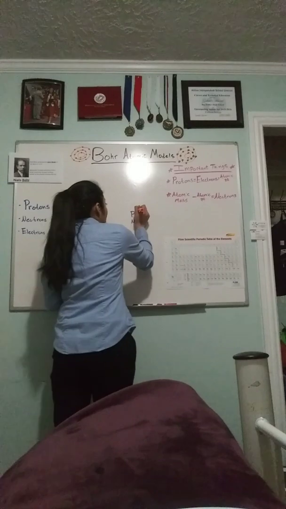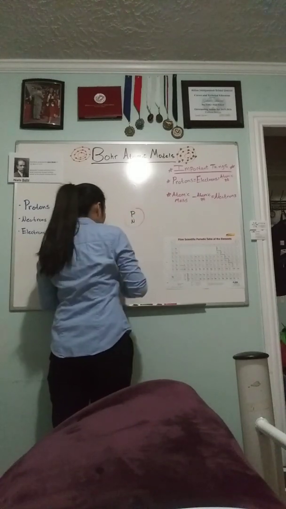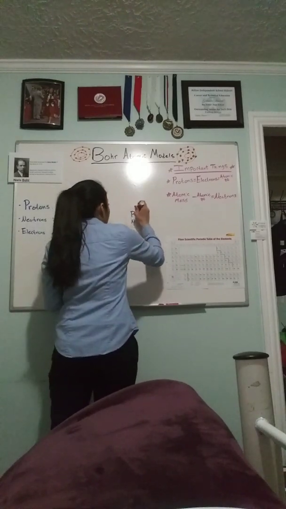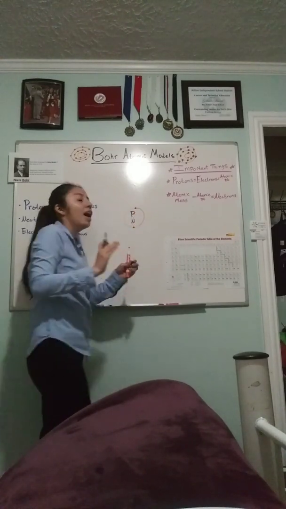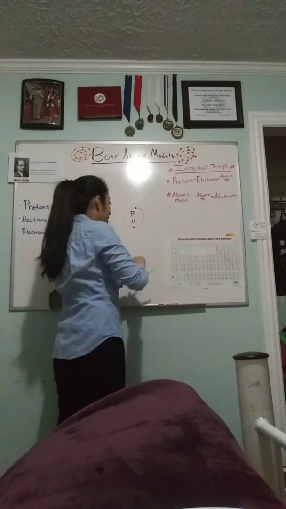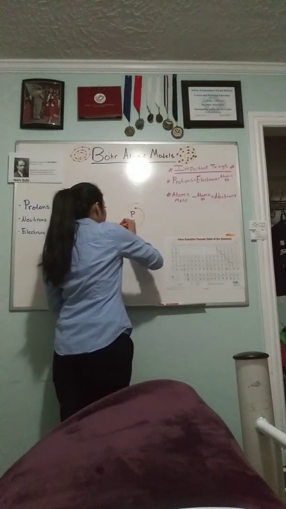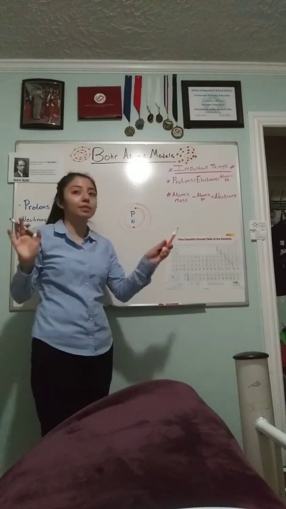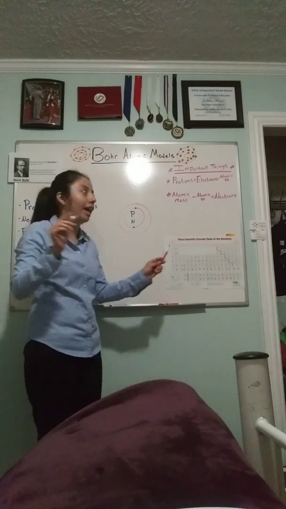The first energy level consists of only 2 electrons. That's the maximum it could have. Now, the second energy level, the maximum it could have is 8.